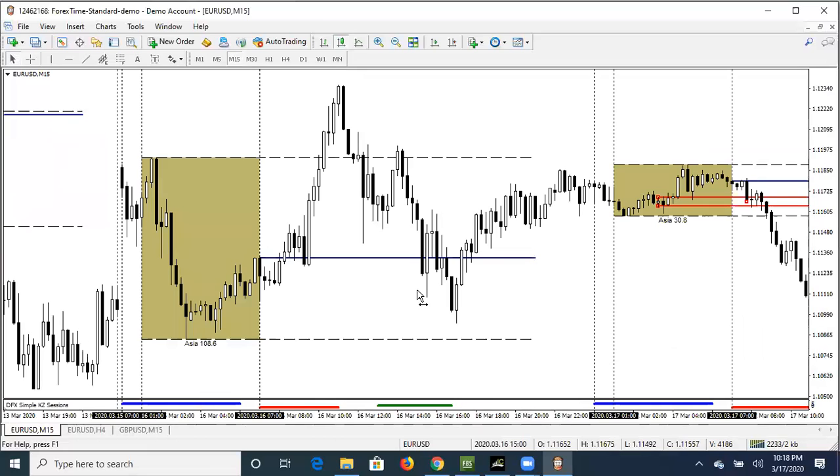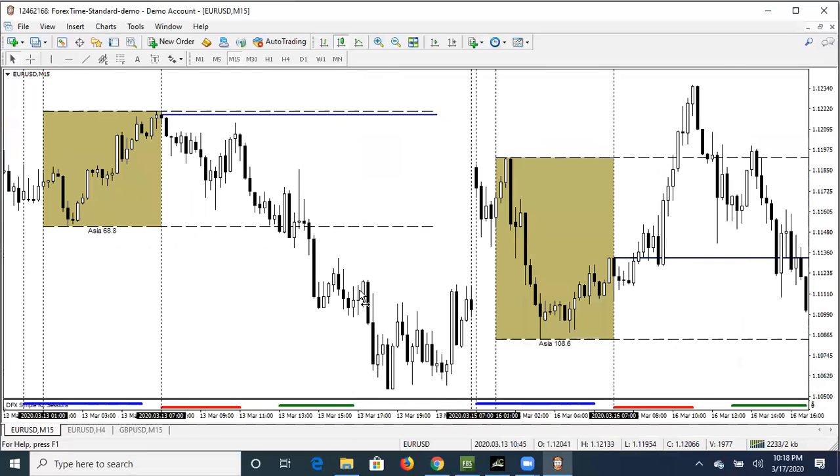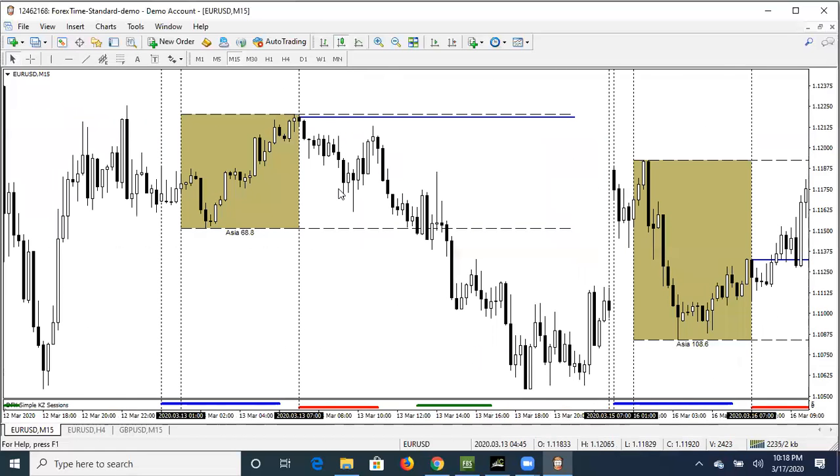You have this day, we're looking for sells, right? We're looking for an opportunity to sell on the 13th of March. So you woke up, London session. You notice that during the Asian session it's been giving us swing high, swing low, swing high, swing low, and it gave this swing high.